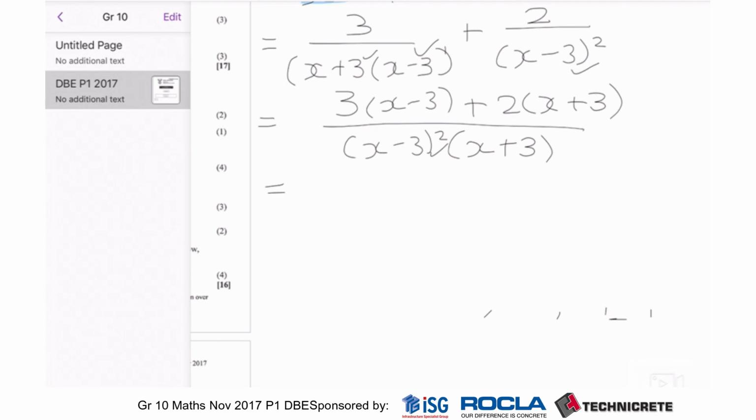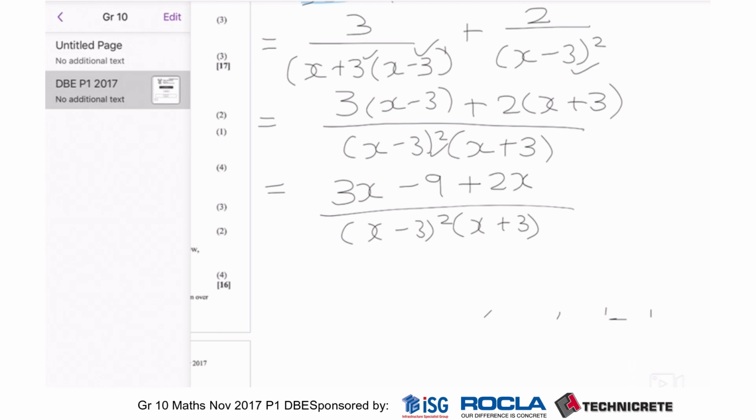So now we're going to simplify. So we're going to keep the denominator. Denominator doesn't go away. So we've got 3x minus 9 plus 2x plus 6.